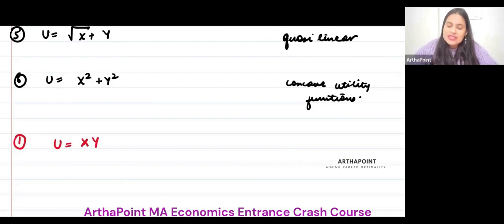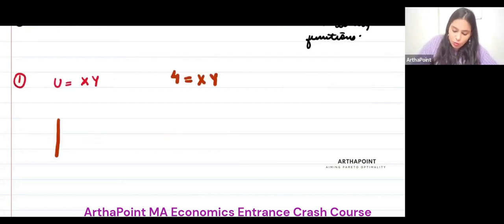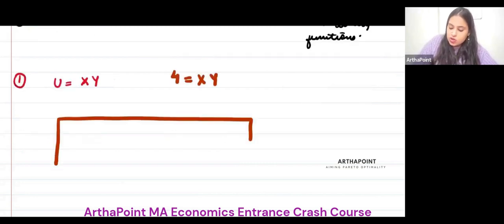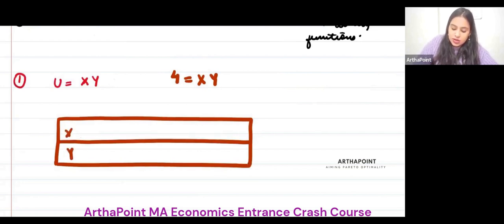Now for these kinds of utility functions, let's hold utility constant at some U. So I want to say that my utility is held at 4. xy = 4. And let us ask, what are the different combinations of x and y which can give me a utility of 4?